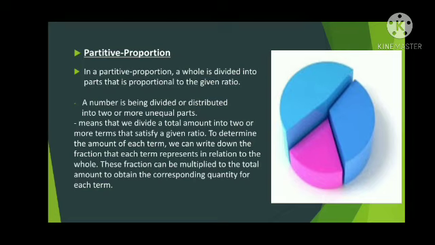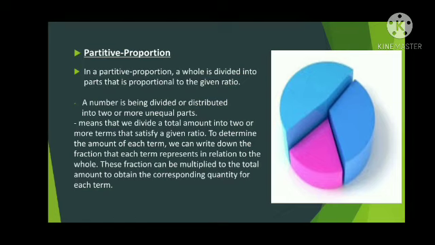Next type of proportion is the partitive proportion. In a partitive proportion, a whole is divided into parts that are proportional to the given ratio. So a number is being divided or distributed into 2 or more unequal parts. It means that we divide a total amount into 2 or more parts that satisfy a given ratio.